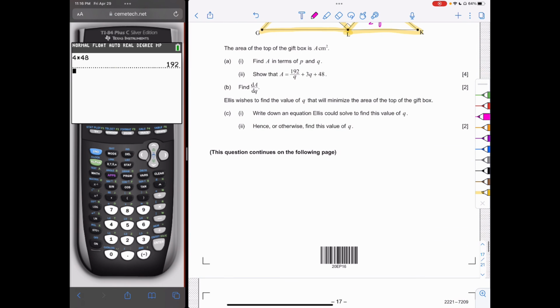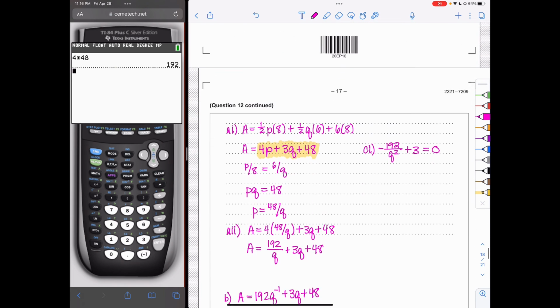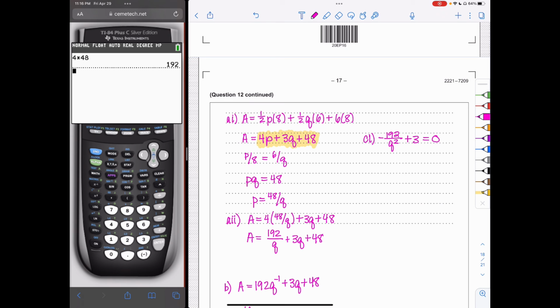For C2, it says, hence or otherwise find this value of Q. So if I set my derivative equal to 0, I have negative 192 divided by x squared plus 3. Let me put this in fraction form so I can make sure that it's fine. And then what we're going to do is graph it.